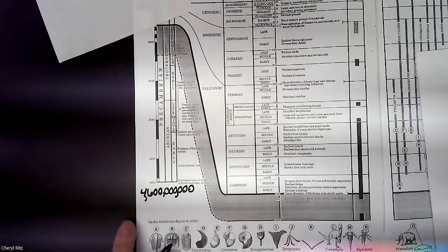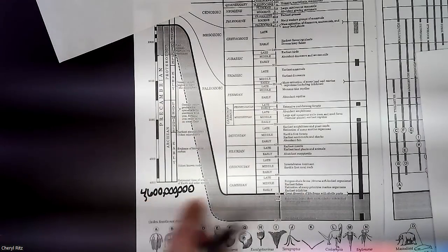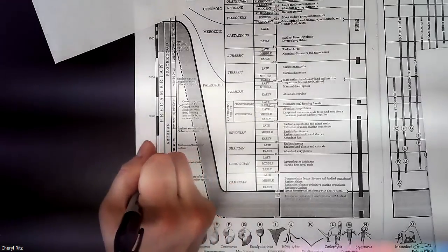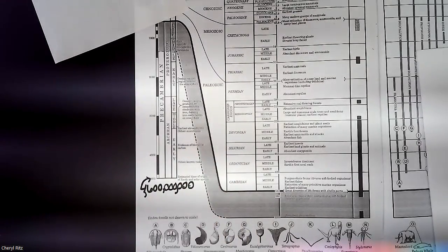I would like you guys to write that. So I would like you to write it out. So right under here, so if you're not sure what I'm talking about, that number right there is 4,600,000,000. So you can see why they shortened it up, because they didn't want to write the 6 zeros.